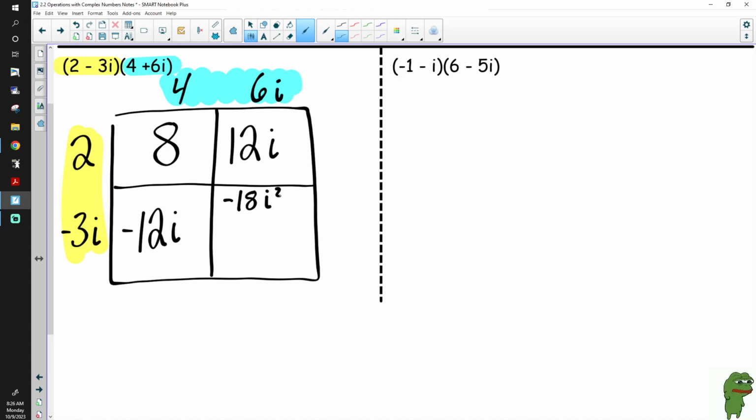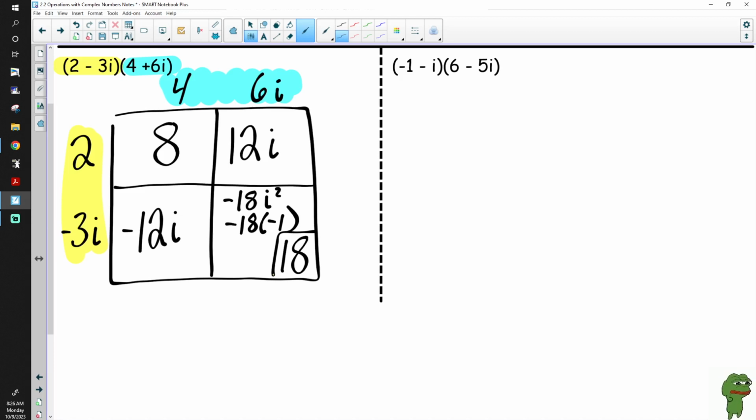So this is really negative 18 times negative 1, which is positive 18. Okay, so that last box is a little tricky because we're multiplying two imaginary numbers, giving us i squared, which we turn into a negative 1.